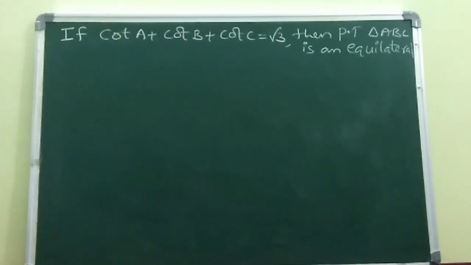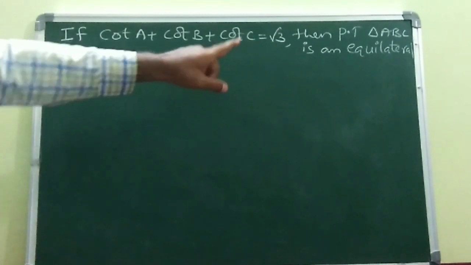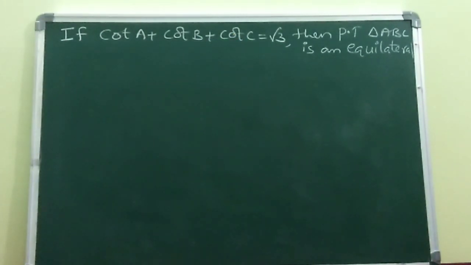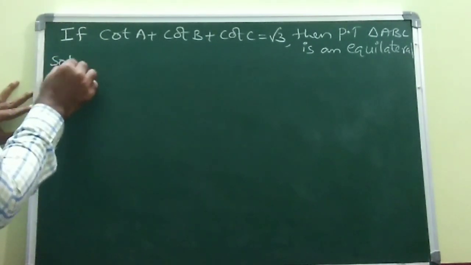Right? So given that capital A, B, C are the angles of a triangle, and moreover cot A plus cot B plus cot C is equal to root 3, then we need to prove that triangle ABC is an equilateral. Okay, so see this.